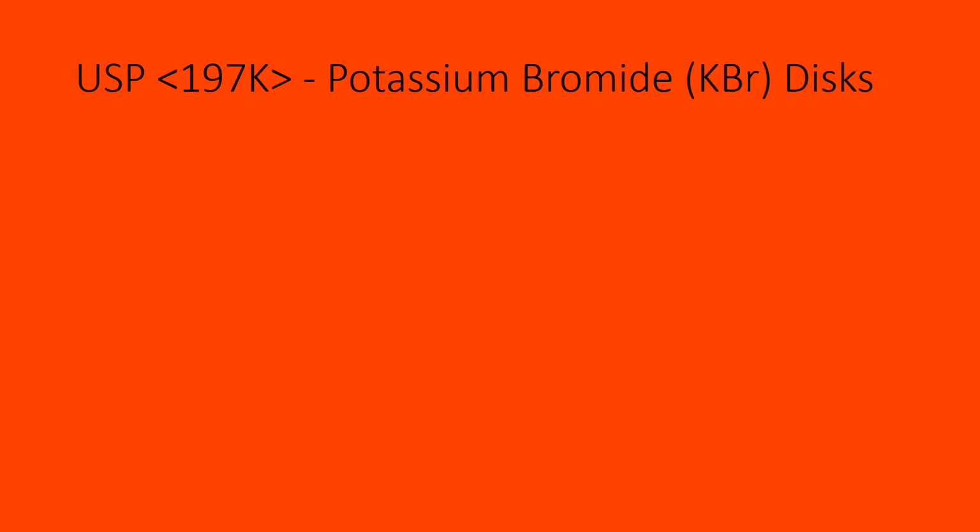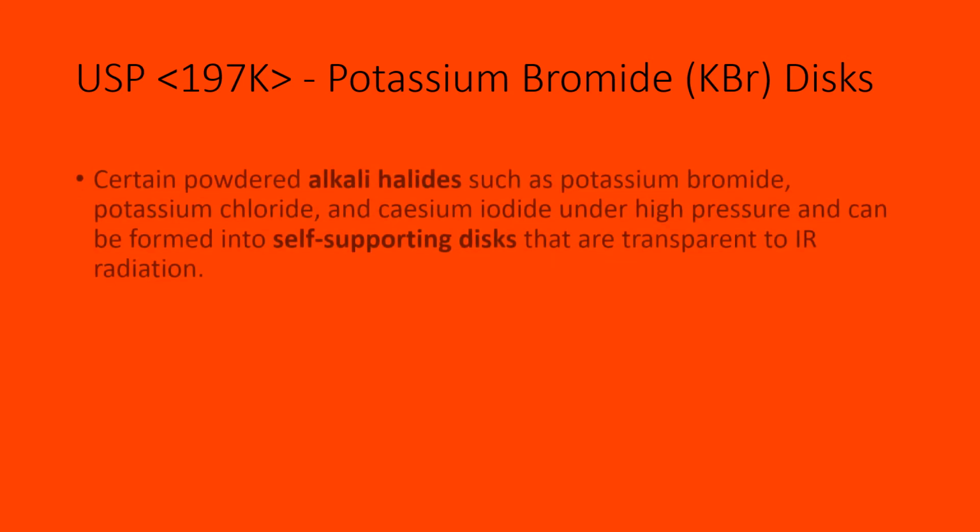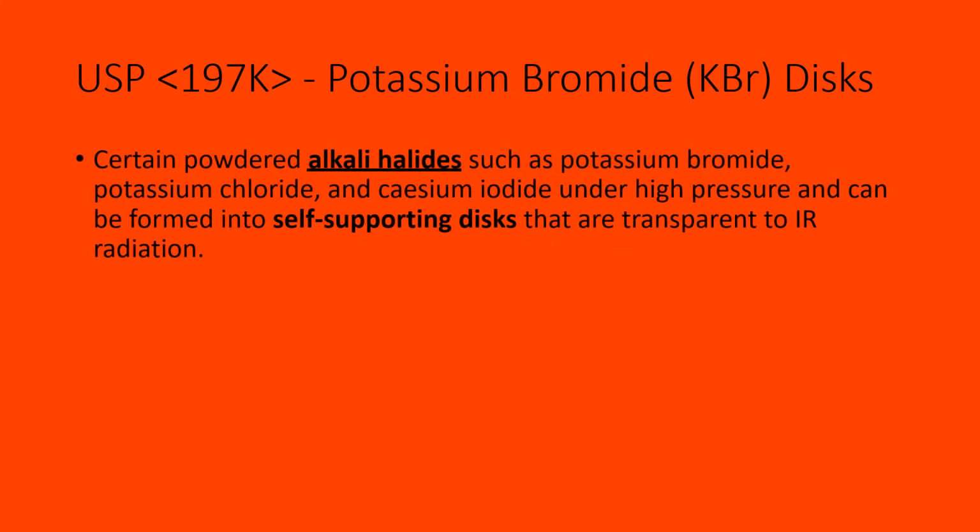Let us see the prescription under USP 197K. In this, K represents the first letter of potassium bromide, K. Certain powdered alkali halides such as potassium bromide, potassium chloride and cesium iodide, under high pressure, can be formed into self-supporting discs that are transparent to IR radiation.